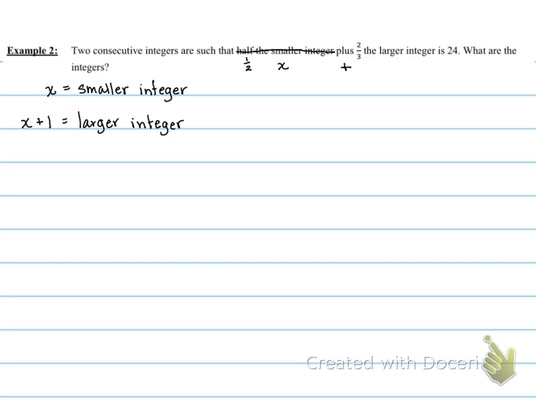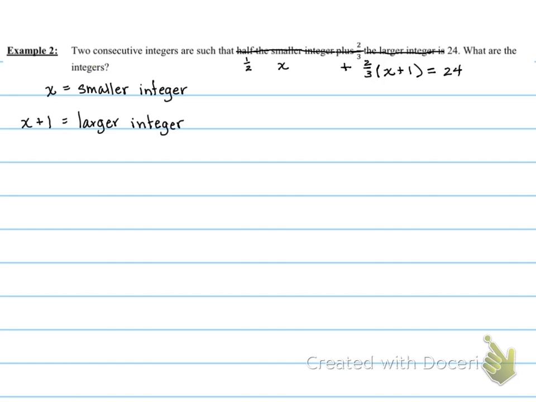Plus is addition. 2/3 is 2/3. And then the larger integer I said was x plus 1. The word is always translates to equals, unless it's followed by the word greater or less. But we're not going to do applications with inequalities, so we don't have to worry about it. And then 24.